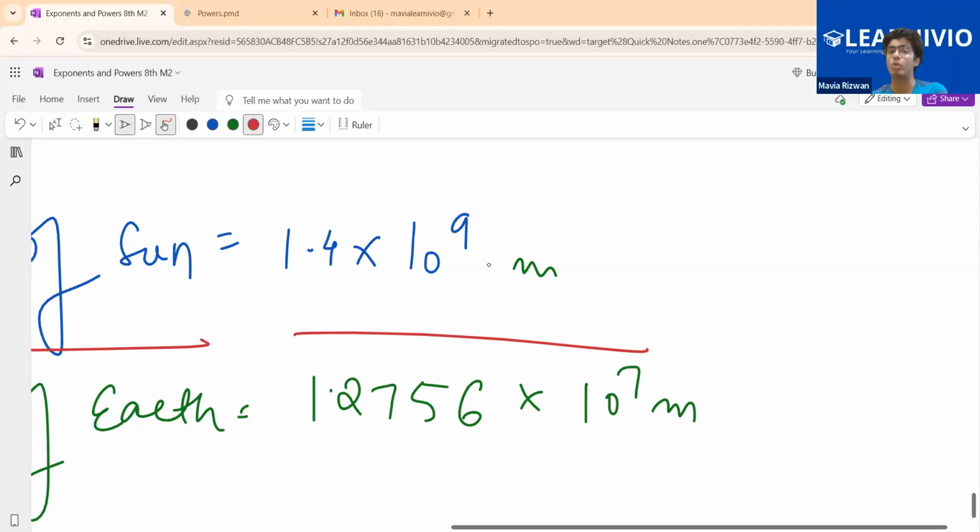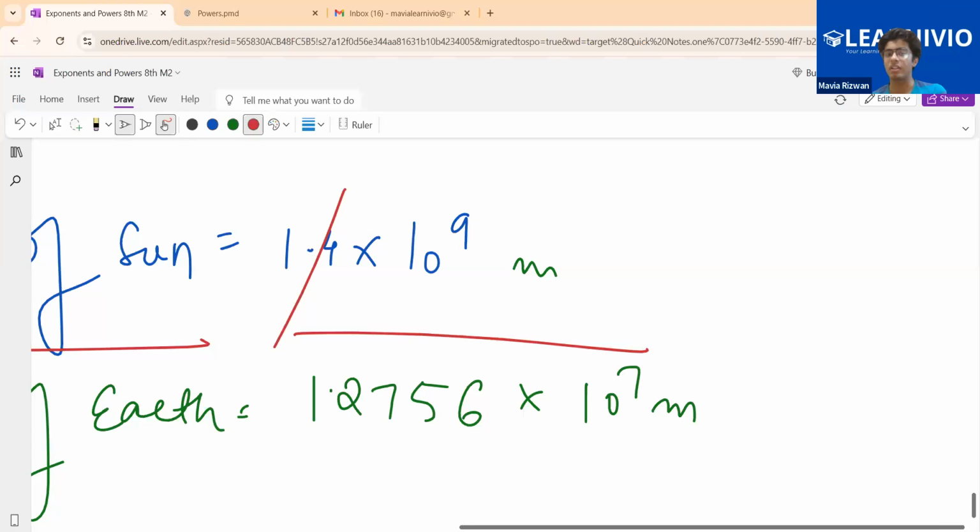It's not like we are taking 20 and 5; you can't take those as equal. But we can take 1.4 and 1.5, because there is a difference of only 0.13. So we assume that 1.4 and 1.27 are approximately equal.